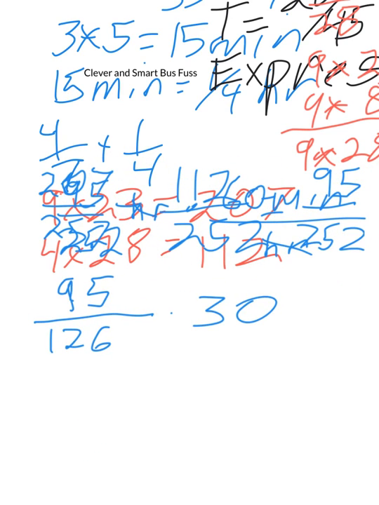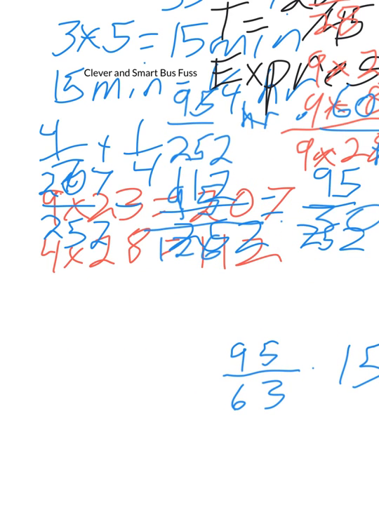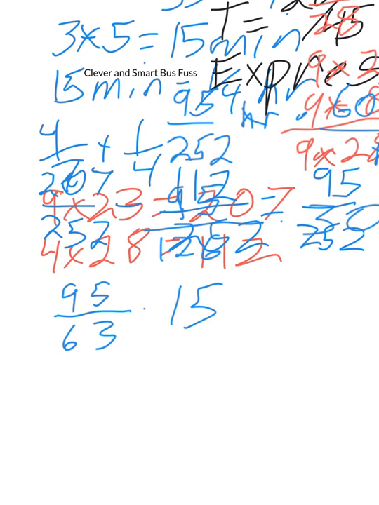So let's go on and do another one. That's going to be 95 over half of 126 is 63 times 15. Ooh, I can see a 3. So let's do one more. That's going to be 95 over 21 times 5.